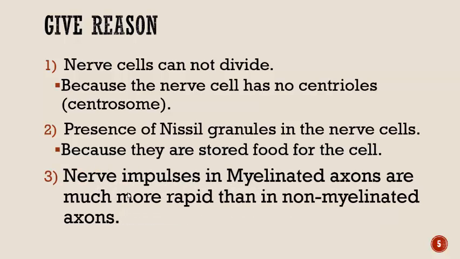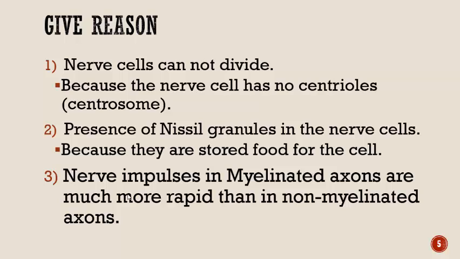The third very important question: nerve impulses in myelinated axons are much more rapid than in non-myelinated axons. This is because the myelinated axon is covered by myelin sheath, which acts as an insulator.